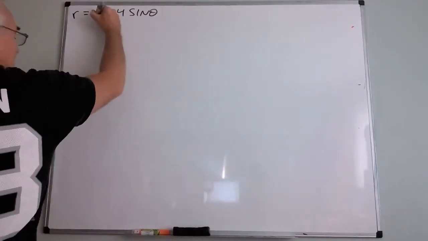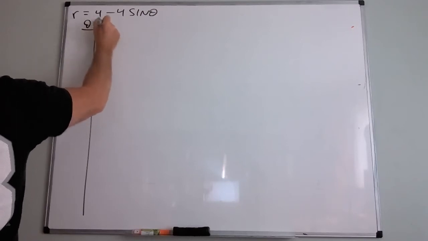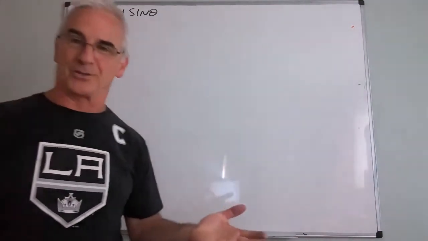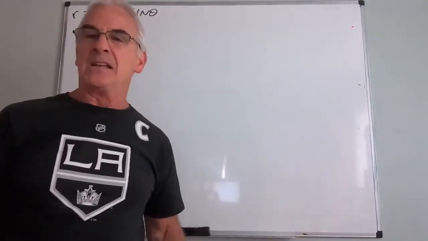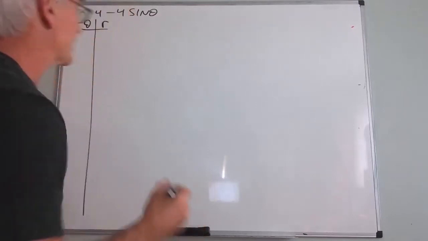I'll make it a long table. So theta, R. Now, because it's the sine function, I really don't want roots if I can help it. I'd really rather have rational numbers. So let's see, sine of pi over 6 is a half. So pi over 6 is a good one.